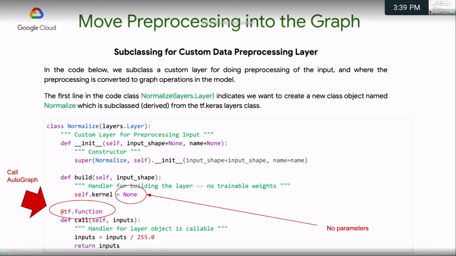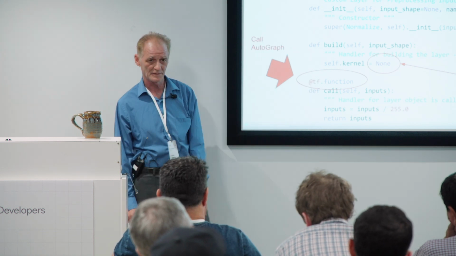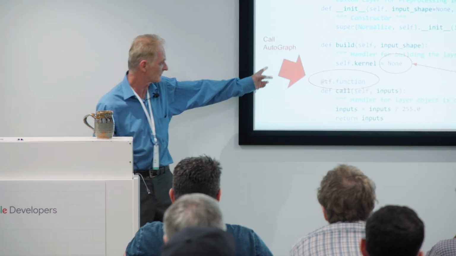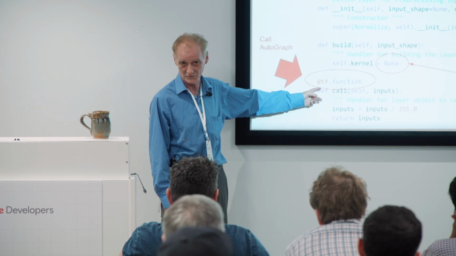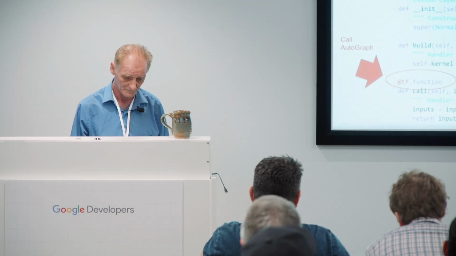And then in my call function is where I'm going to implement this: the input tensor comes in, and I'm going to divide every element in that input tensor by 255, and then I'm going to add this decorator. This decorator tells autograph to change this into graph operations so they get added to the graph. So none of this will occur on the CPU.